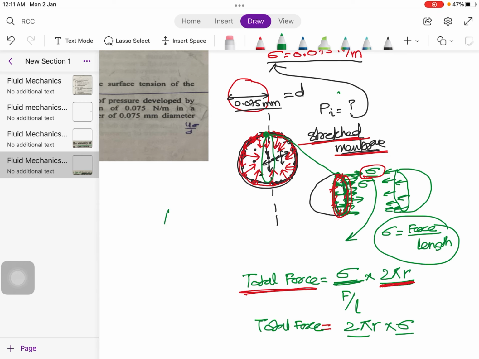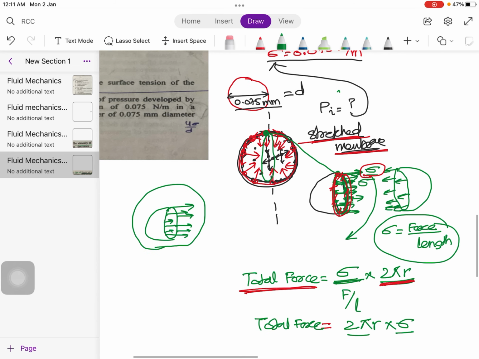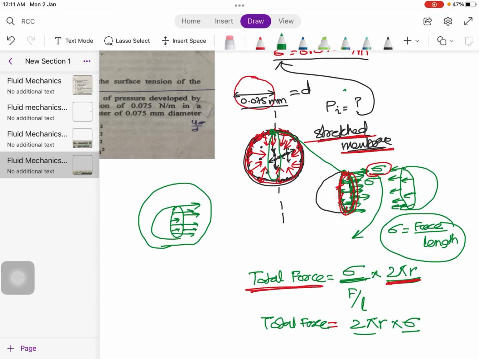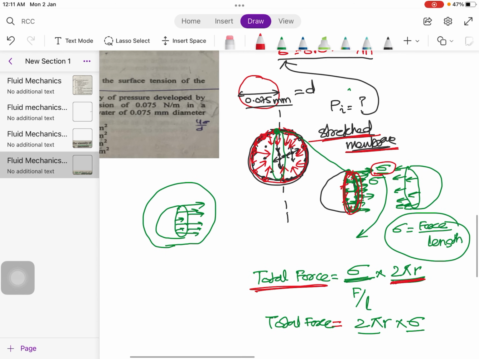Now, since there is a force on one half of this water droplet acting something like this, therefore, there must be some kind of a force which is acting in an opposite direction.